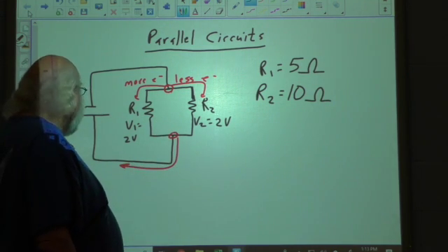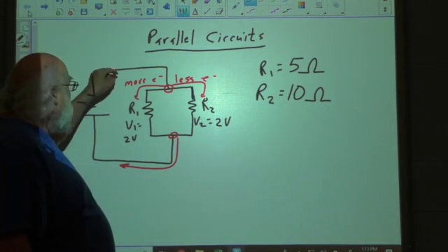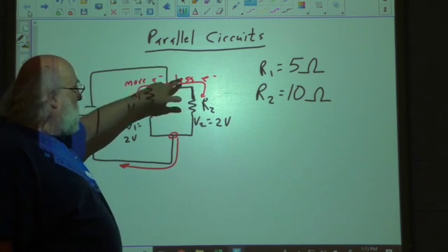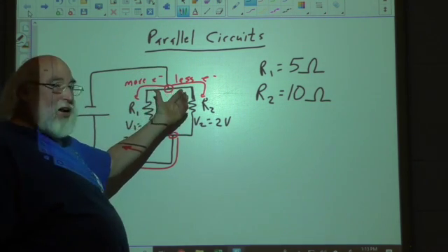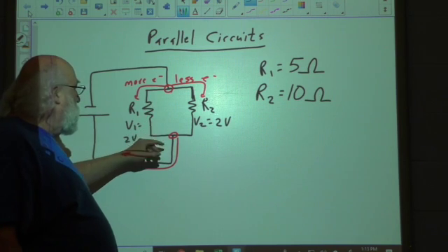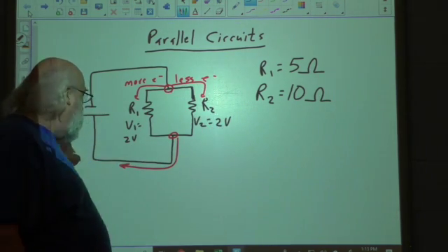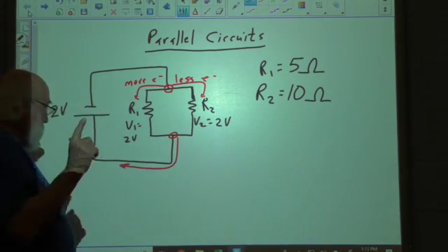Now the voltage push, the 2 volts, is actually going to be equally distributed between the two. We don't divide it. We're going to get a 2-volt push here and a 2-volt push here. So that's a big difference.